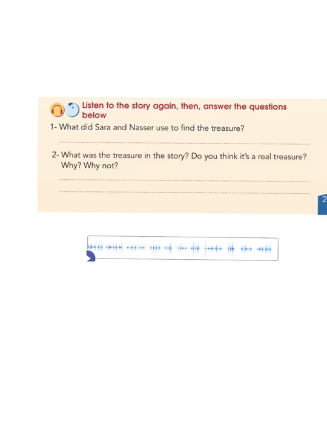Now, when we write the answer, we have to use what? Capital letter at the beginning of the sentence and full stop at the end of the sentence. Excellent. Now, let's write the answer. They used a compass.